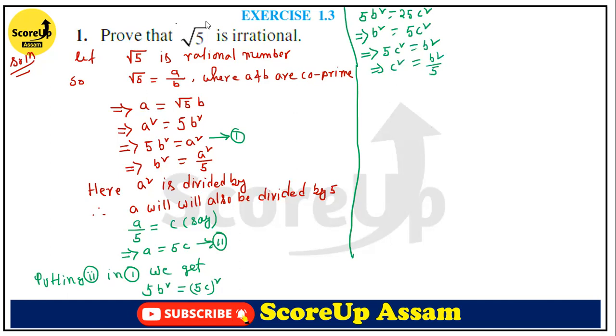Now, since b square is divided by 5, therefore b is also divisible by 5, right?